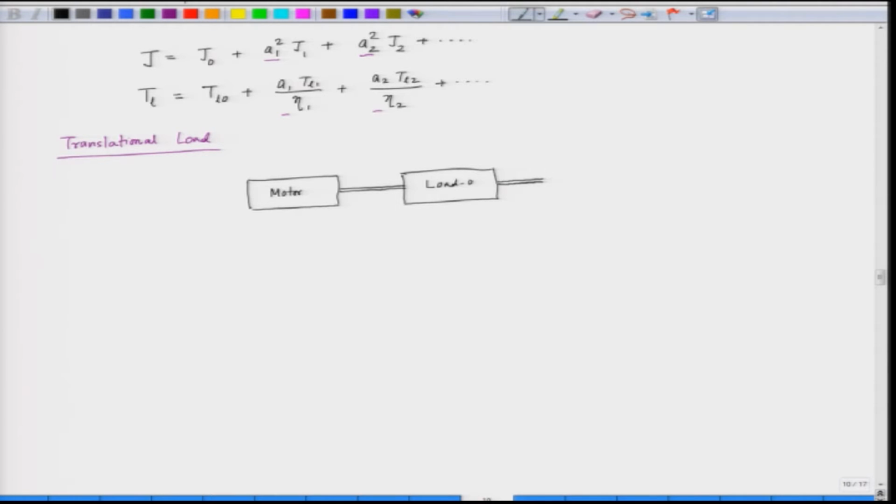Then we have a conversion system which converts rotational to linear motion transmission.